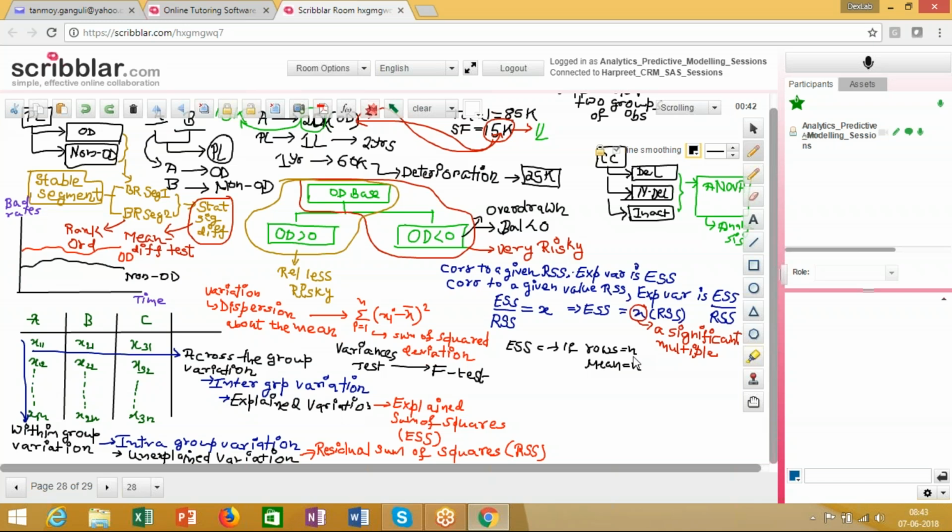So if rows equals n, then the mean is also equal to n, right? So this is the overall idea. So for ESS, if a row is equal to n, then the mean is equal to n. Now, how do we compute the explained sum of squares? First of all, let's look at row equals 1.